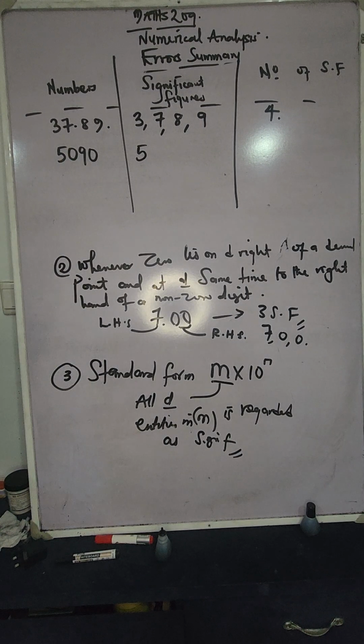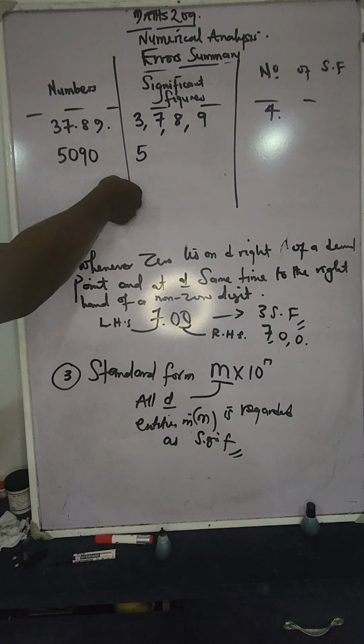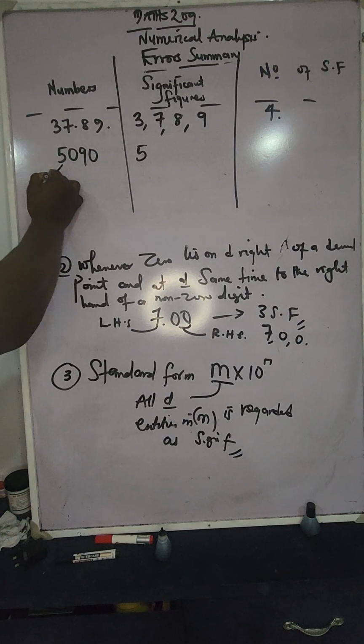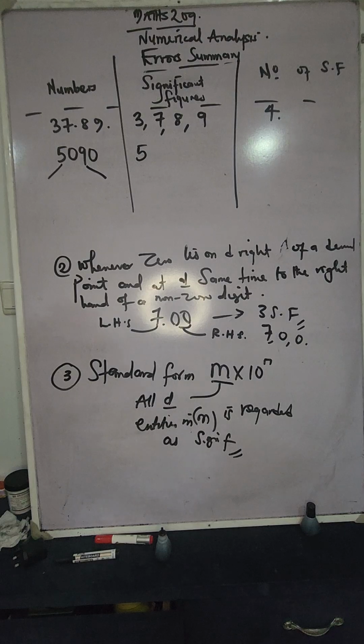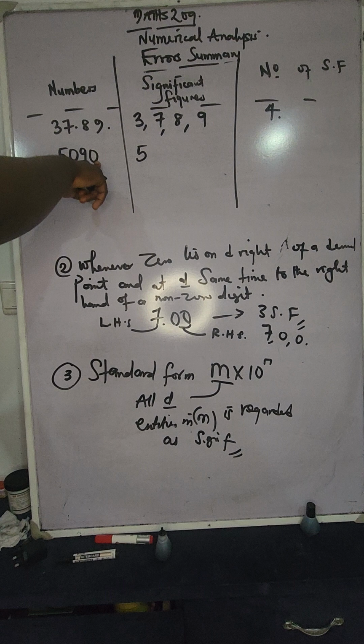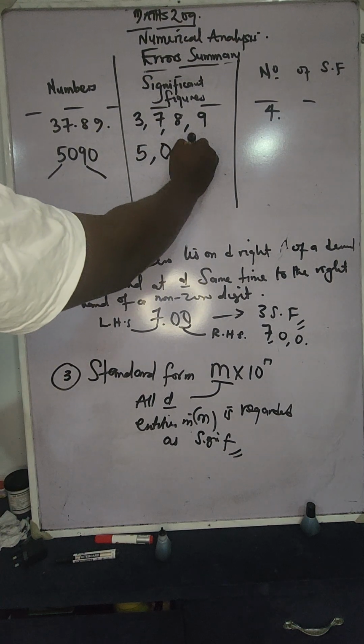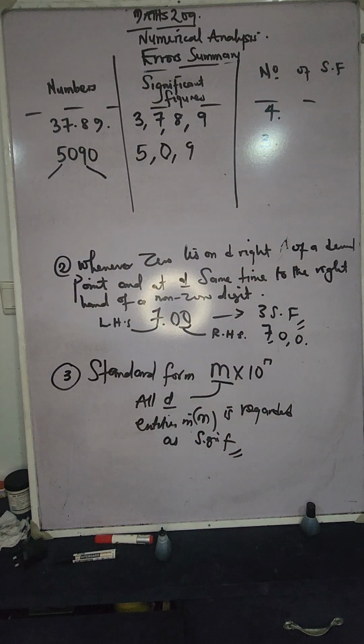In law number 1, I said when 0 lies in between two non-zeros, we should regard it as a significant figure. 5 is a non-zero and 9 is a non-zero. But we will not regard the last 0, because it's not obeying the law. So the significant figures here are 5, 0 and 9. That's 3 significant figures.